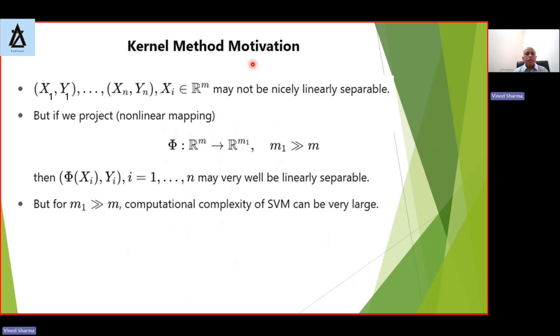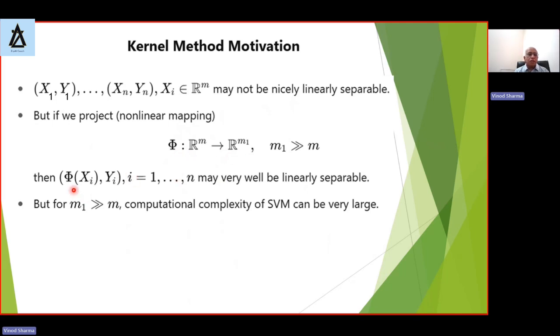To motivate this method, we consider the following. Suppose (x1, y1) to (xn, yn) are the training sequence. The xi belong to Rm. And these are not necessarily nicely linearly separable. In other words, the SVM that we obtain above may not give a very good performance. In that case, what we do is use a nonlinear mapping phi from Rm to Rm1, where the dimension m1 is much larger than m, and then consider the classification problem in this transform domain.